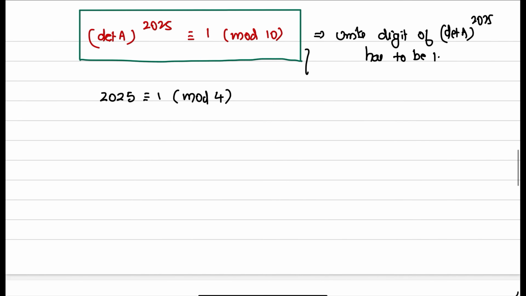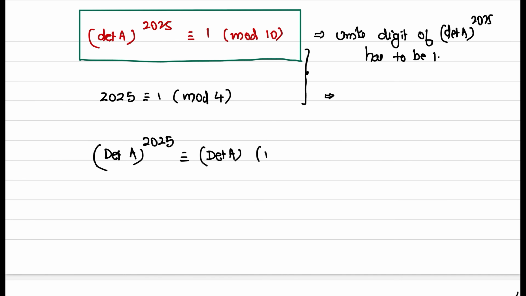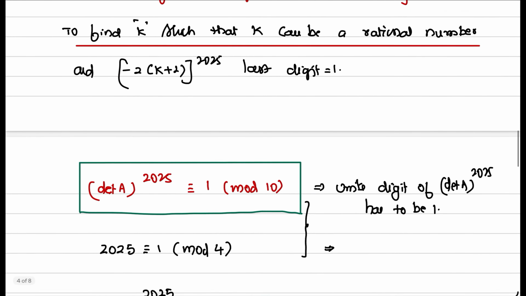These both imply determinant of A to the power of 2025 is equivalent to determinant of A mod 10. What is determinant? Minus 2k minus 4.